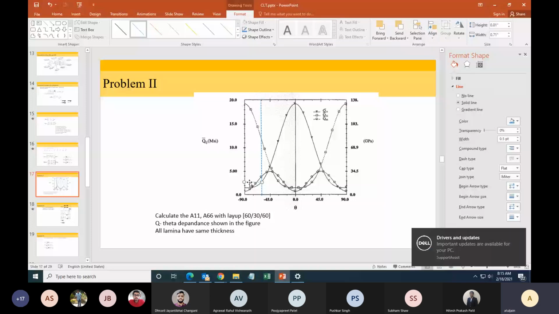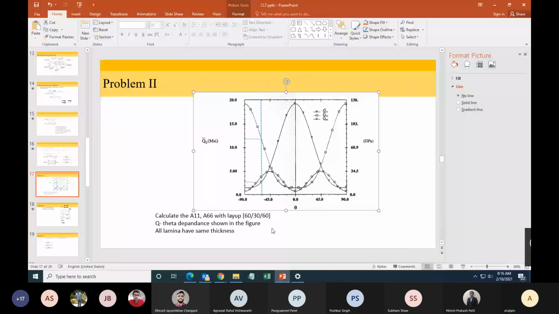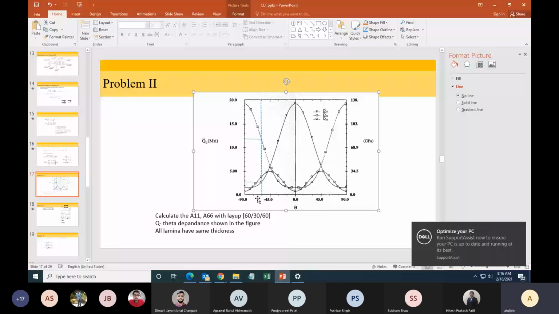Q11 for 60 degrees, it is this line. So it can be something like 12. So A11 is basically Q into thickness. Minus 60, so this is symmetric about plus minus.